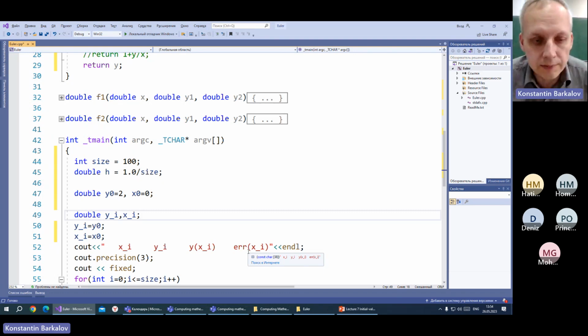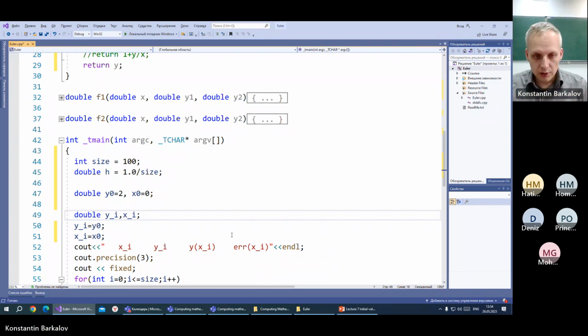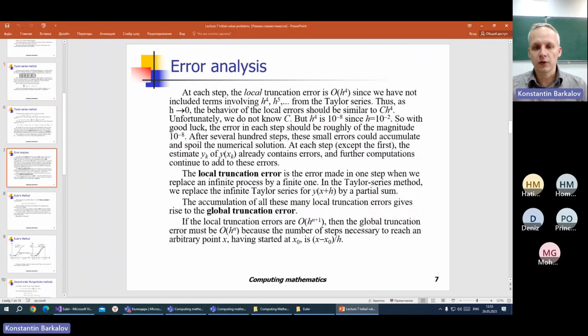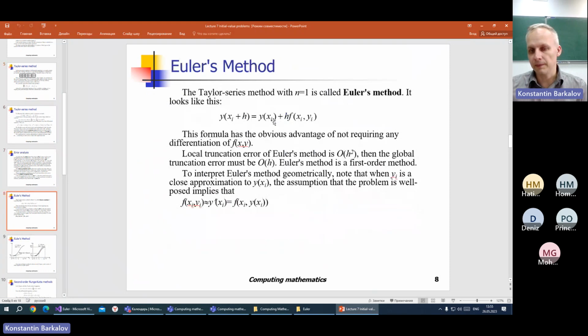What we should do next? As you see, to apply this formula, it requires to know only two values. Only two values: yi and xi.